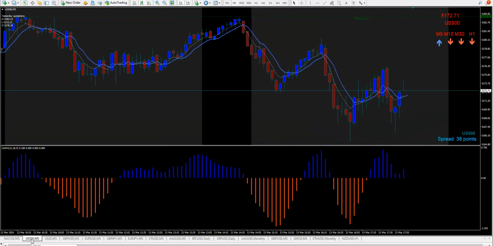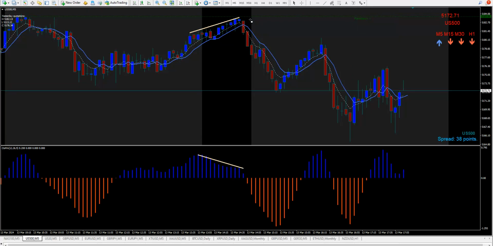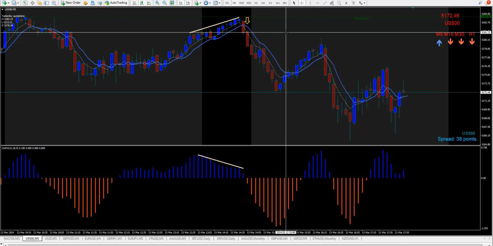What is it doing? I'll show you the setup. Higher high. And right there, we would have got in. Oh, no, wrong place. On the opening of this candle, your stop would be really close, like 2 points.